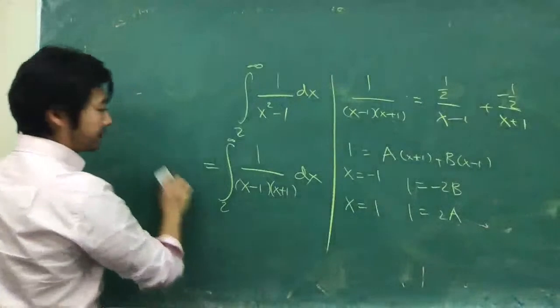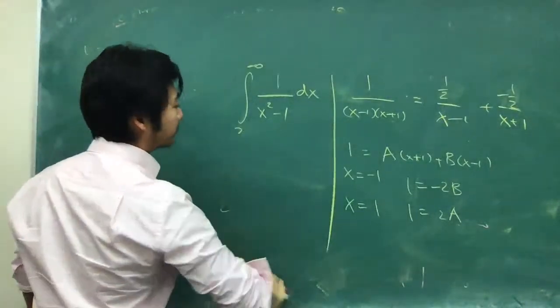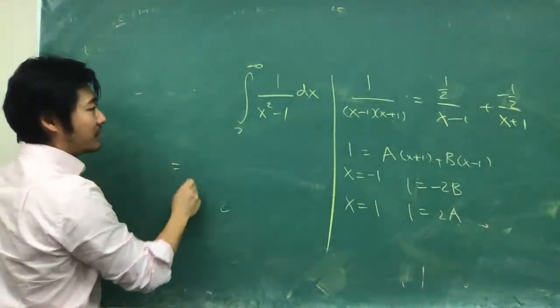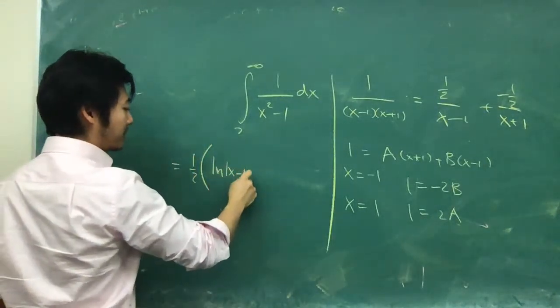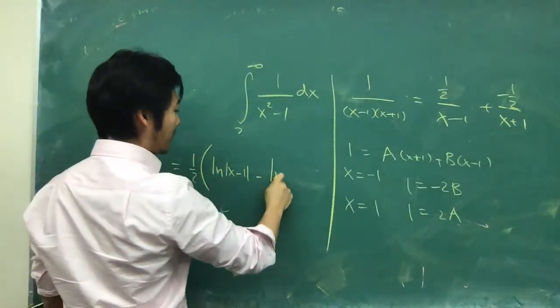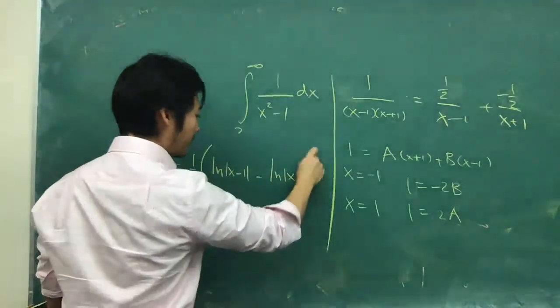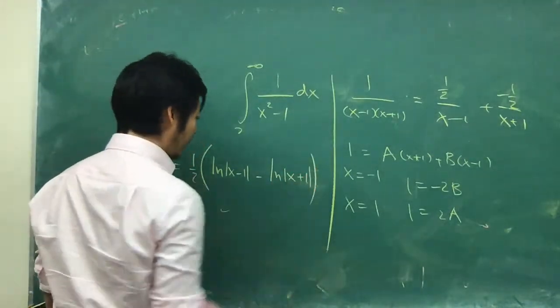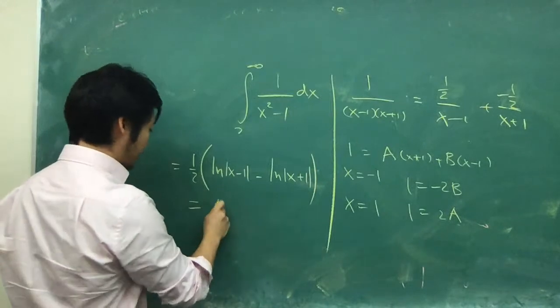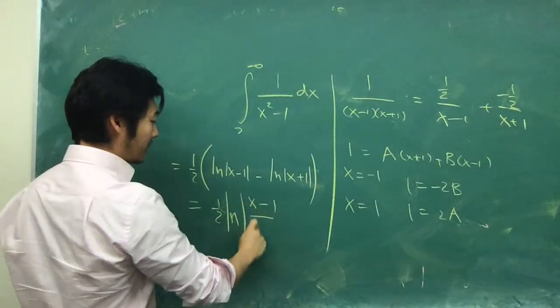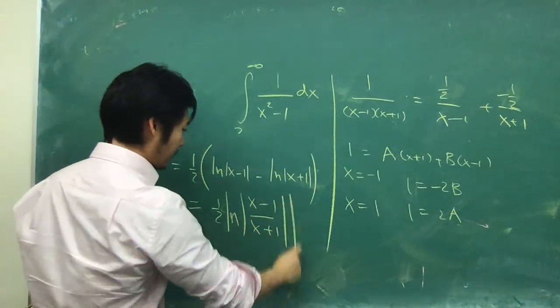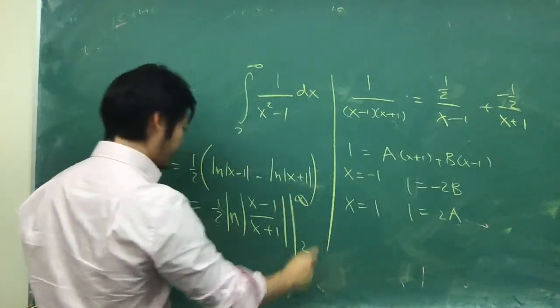So this is going to be 1/2 natural log x minus 1 minus natural log x plus 1. And so using the properties of log, you can combine this into one thing from infinity to 2.